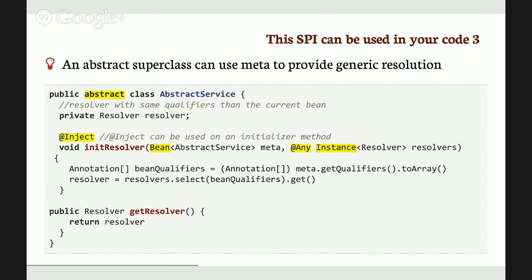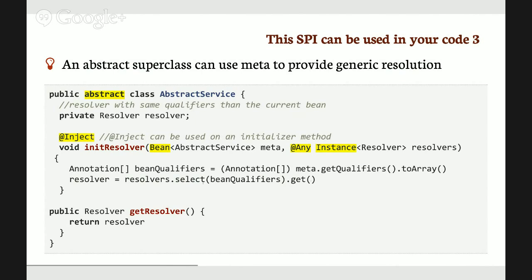We cannot know the qualifiers of the current bean because it will be extended later, and there will be qualifiers on that. But we can here inject the metadata of the bean, so not the instance but the metadata of the bean, and use this metadata to gather all the qualifiers that are on the bean and choose the resolver that has the same qualifier.